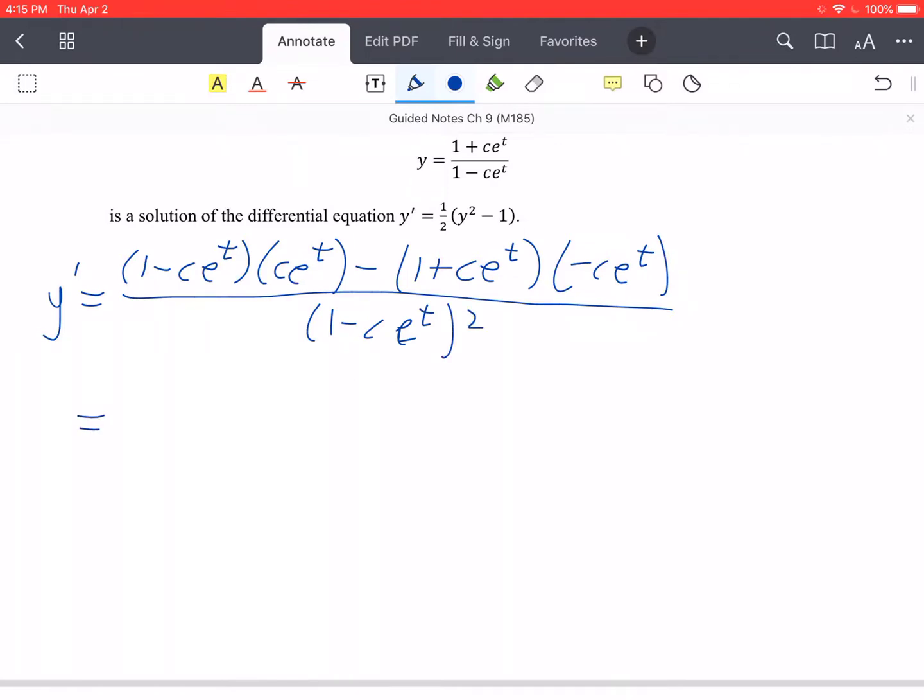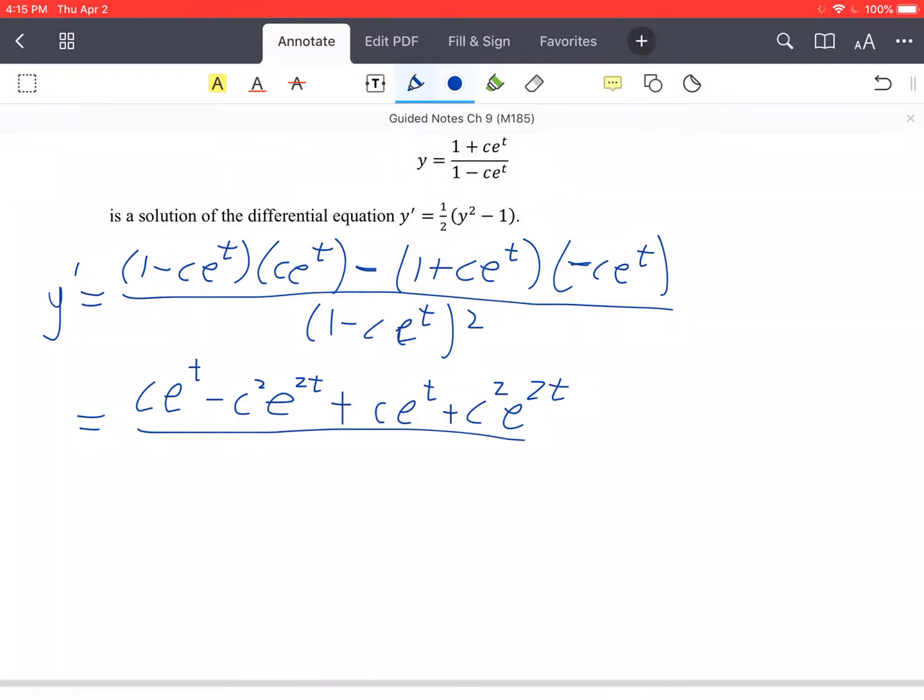Simplify that numerator, so that gives us c e to the t minus c squared e to the 2t plus, because again we have a minus here and a negative here, so it's going to be plus c e to the t plus c squared e to the 2t, all over that denominator.